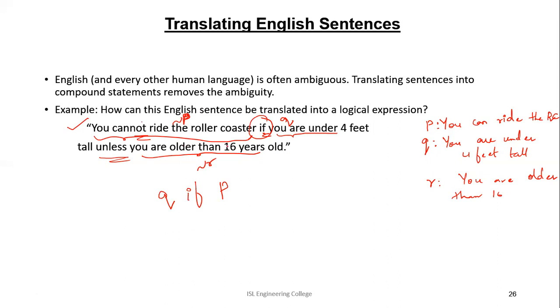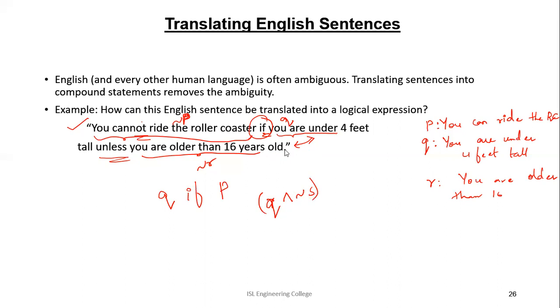So if you are lesser than 16 and if you are under 4 feet tall, then you cannot ride the roller coaster. And you have to remember that both of these conditions should be true together. So this entire thing, including 4 feet tall and 16 years old, is Q and S. Why are we using and?